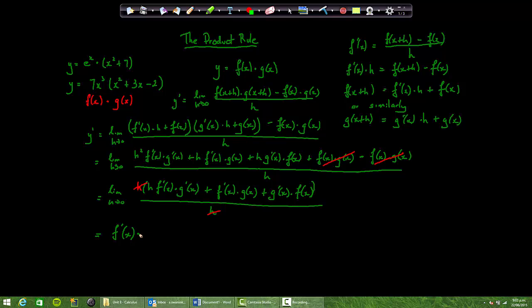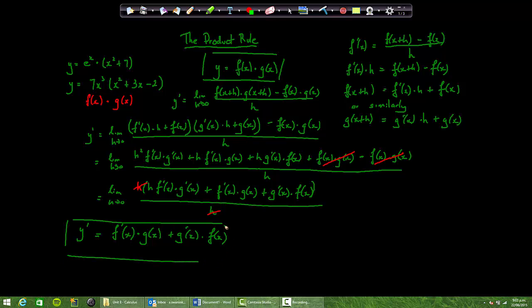What we're left with is known as the product rule. We started with the product of two functions, and now we've got the derivative equal to this, and this is known as the product rule.